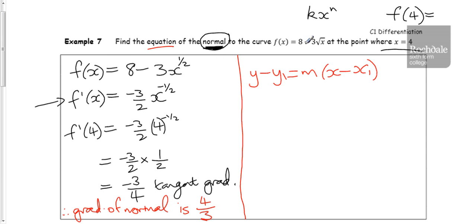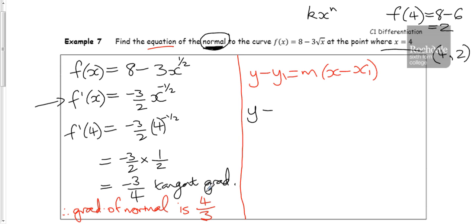So subbing 4 into this, we get 8, take away 3 times the square root of 4. The square root of 4 is 2, 3 times 2 is 6, so it's 8 take 6, which is 2. So this line, this normal, is going to pass through the point x is 4, y is 2.